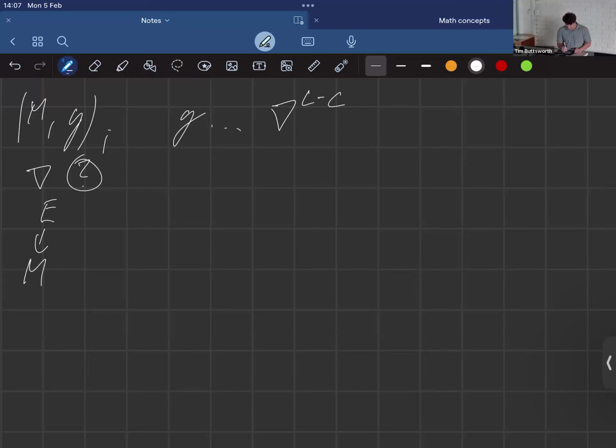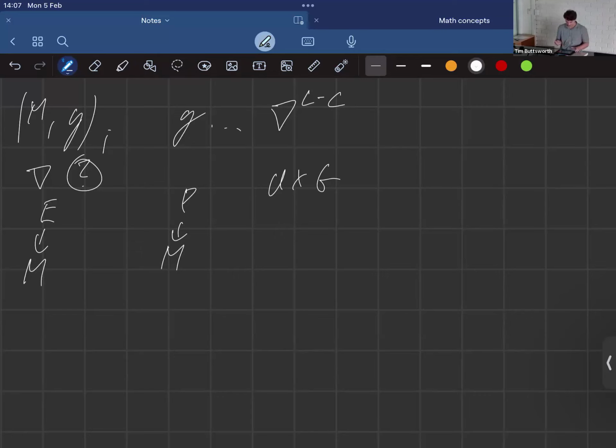Another possible approach is a principal bundle, which Ramiro already mentioned today. When I say bundle, think of something like a product with a Lie group or with a vector space, depending on which setting we are in, which somehow globally isn't a product. There can be some twists globally.